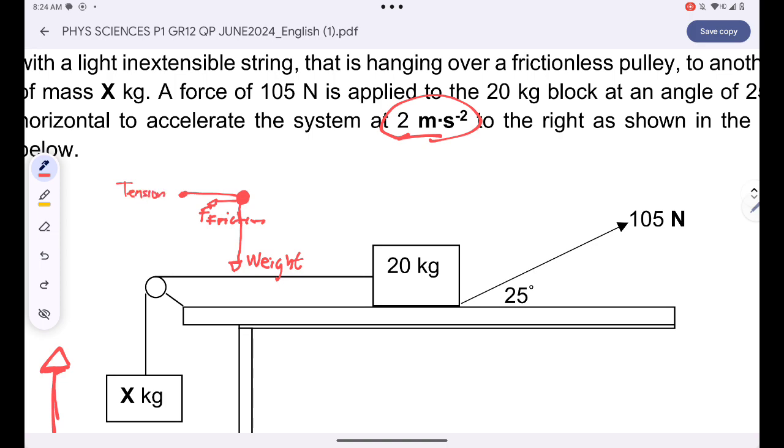This block is on top of a surface, so it will also experience a normal force, F normal, and then there's that applied force over there, which is at an angle, F applied.